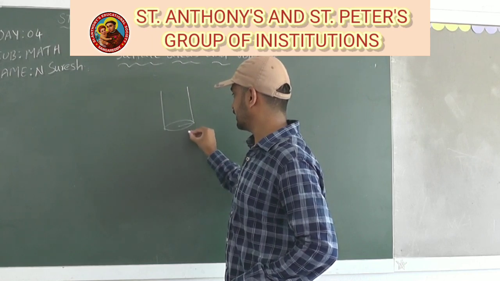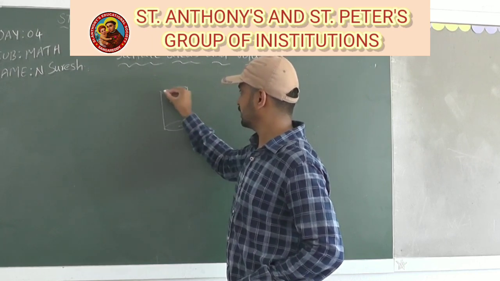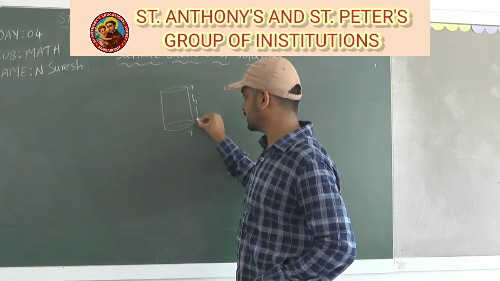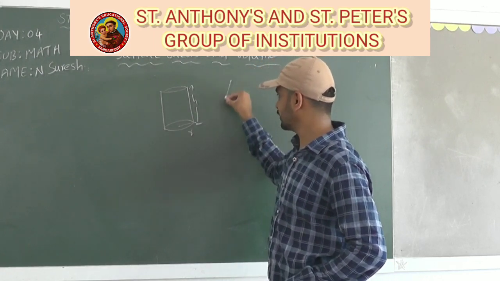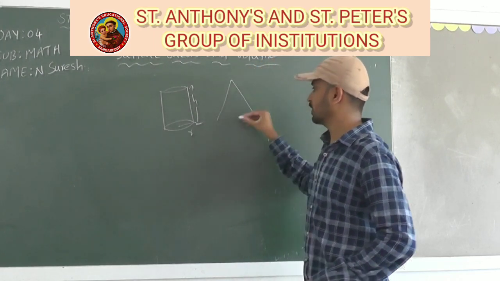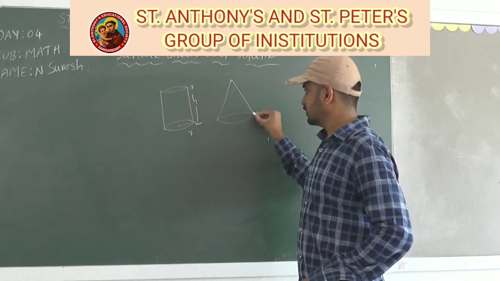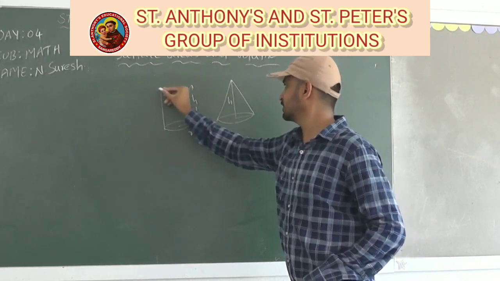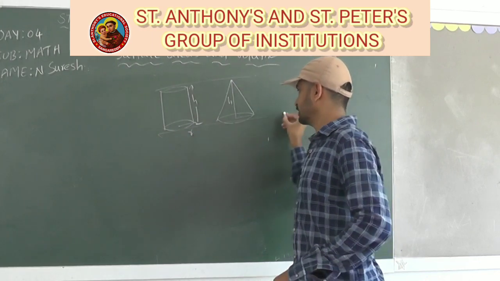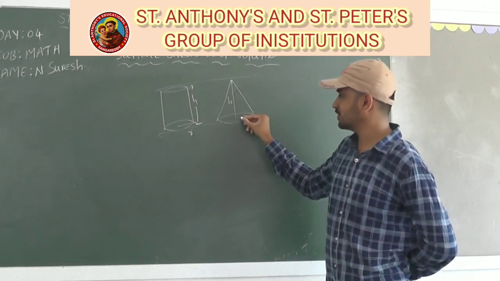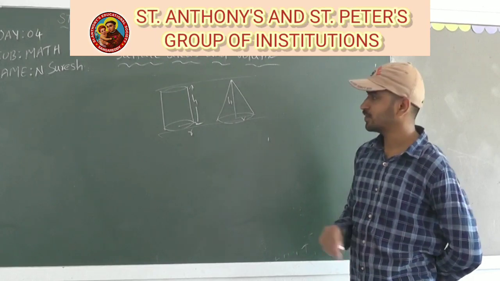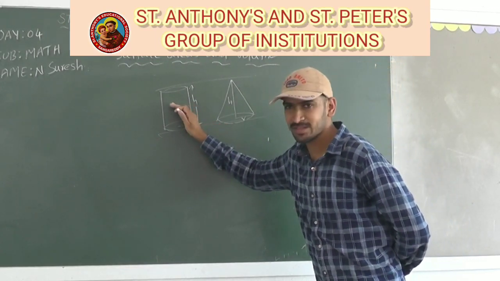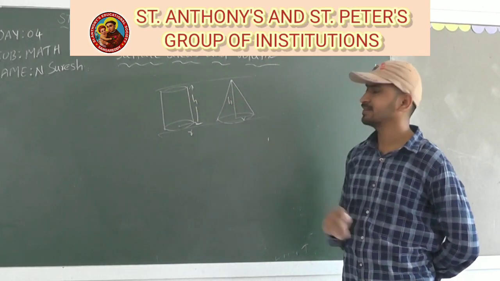The cylinder radius is R, height of the cylinder is H. So one cone. Same height means here also the height of the cone is H, and the radius of the cone is also R. So we have to see the relationship between the volume of the cylinder and the volume of the cone.